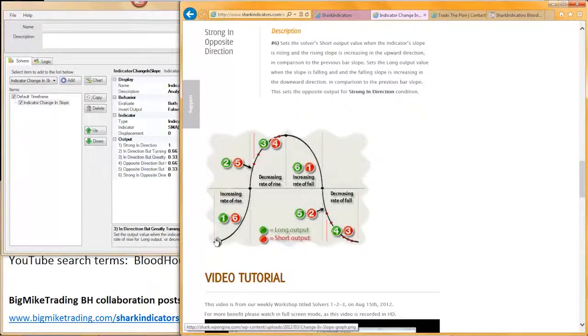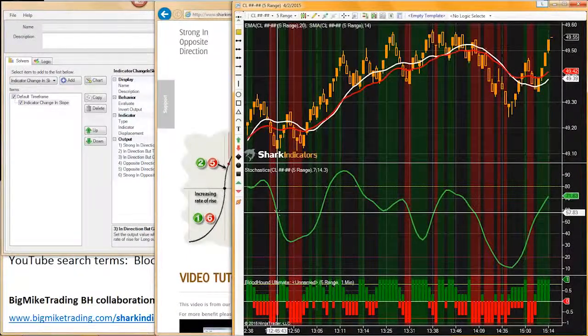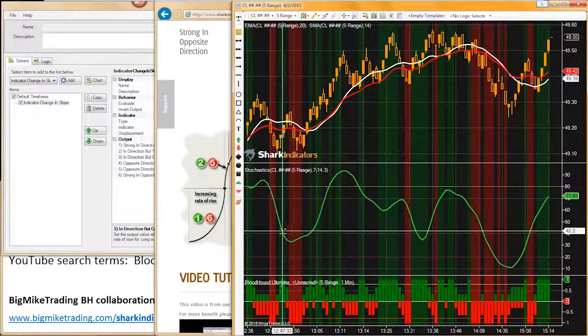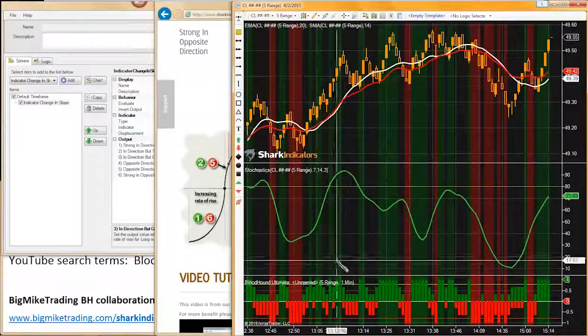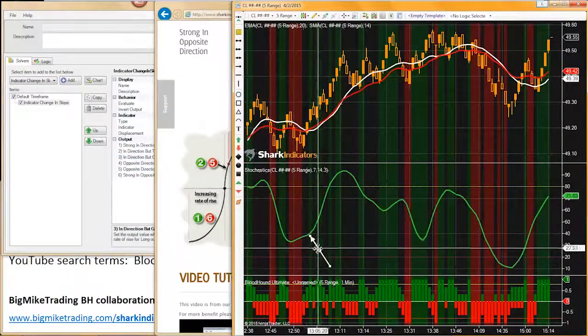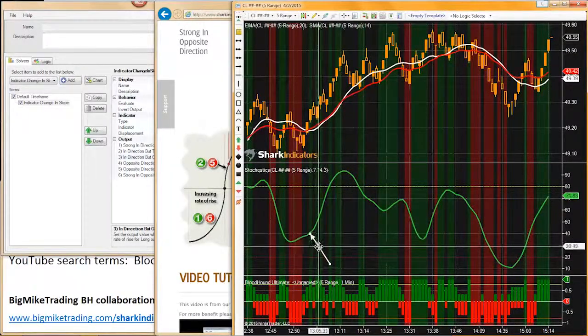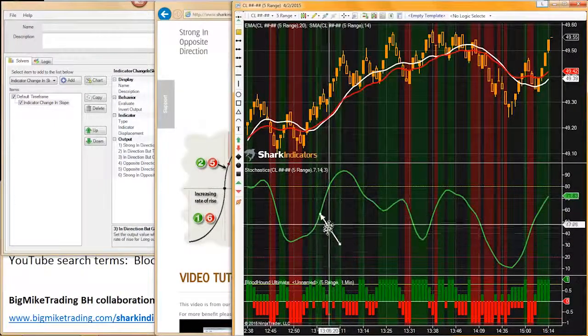To give another example, when you look at the stochastic, the slope is always changing. Right here is a good illustration. You can see the slope from this point is continuing to steepen and steepen and go steeper.